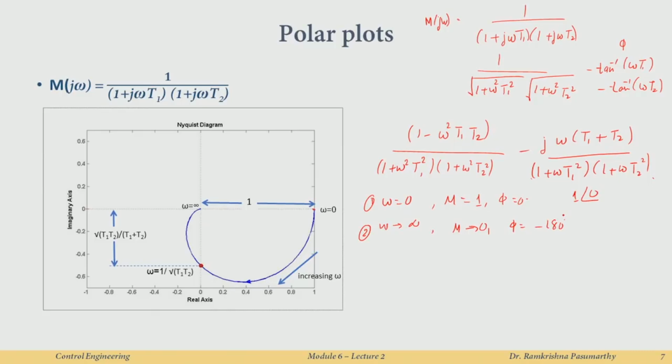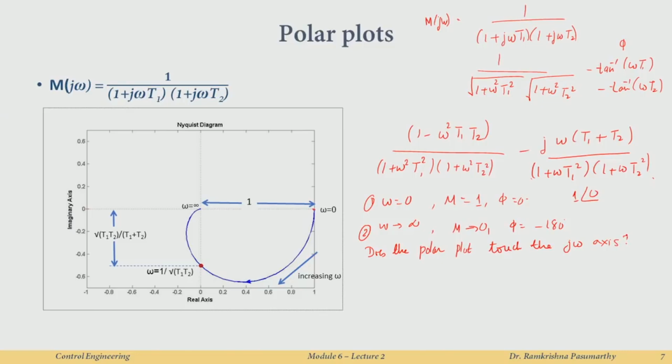Now I'll ask myself a few questions which we could have answered even earlier, but for some reason we did not, because they were not important then. So first thing is, does the polar plot touch or intersect the j omega axis? A valid question to ask.